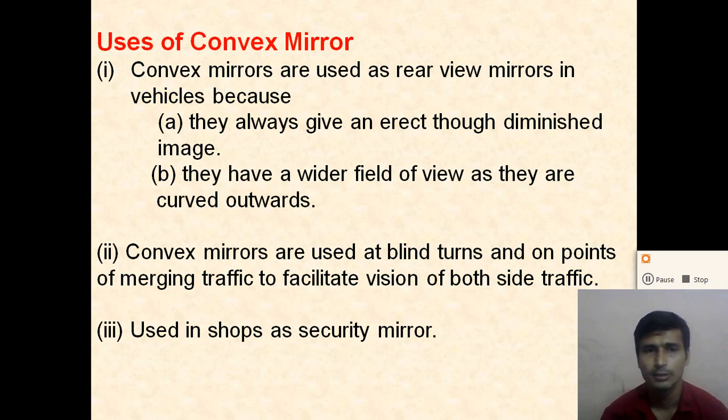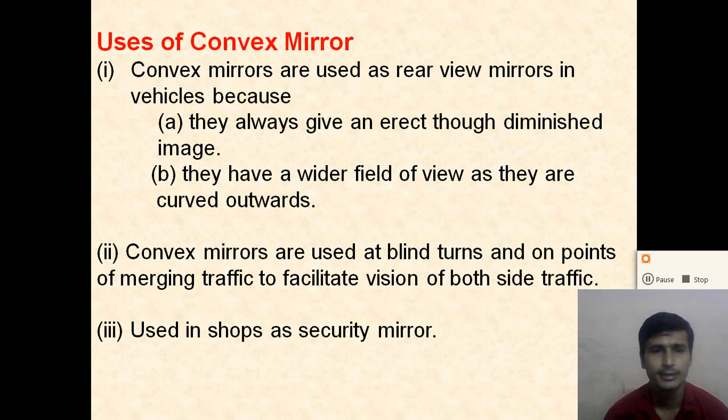They are used in rear view mirrors in vehicles because they have a wider field of view as they are curved outward, right? In the convex mirror the outer curved surface is the reflecting surface, so we get a wider area to view the object.